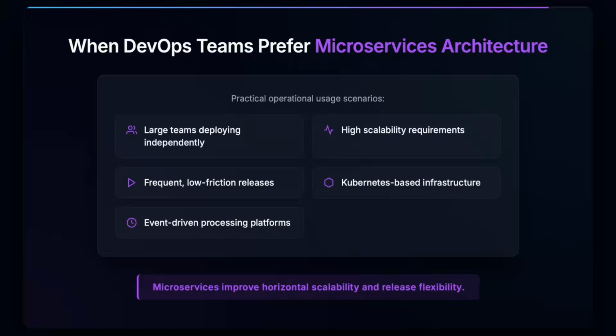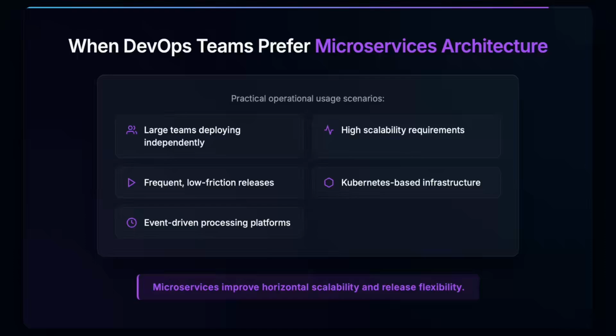And when do DevOps teams prefer microservice architecture? Let's understand this. Large teams deploying independently is one of the use cases where microservice architecture is used. We need our application to scale highly, right? And we have low friction releases.